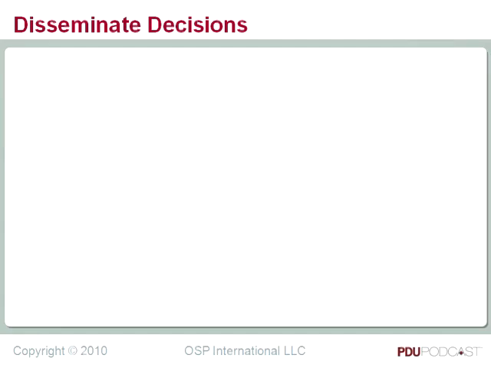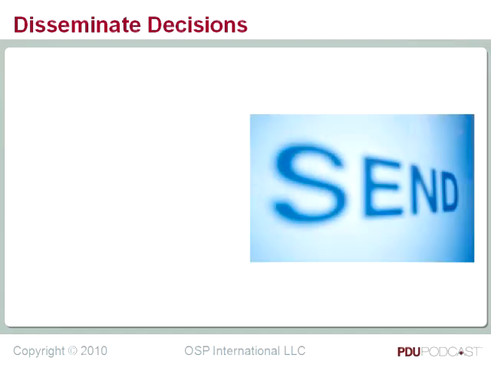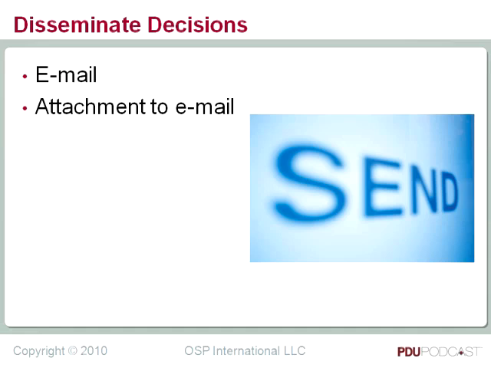And generally, the best way to do that is through an email. The next would be an email with an attachment. You're making sure that the decisions with the responsible person and the due dates are being sent out to everybody, so everyone is aware of who is responsible for what.